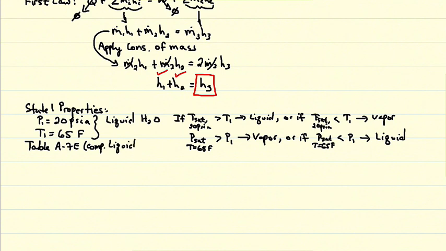So my reaction is to go to the compressed liquid table. What I unfortunately learn is that the lowest pressure, P min in table A7E, is 500 psia, which is much, much greater than P1.